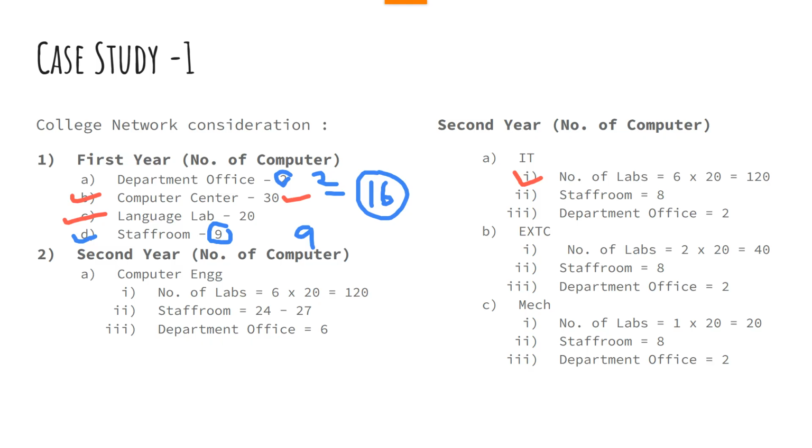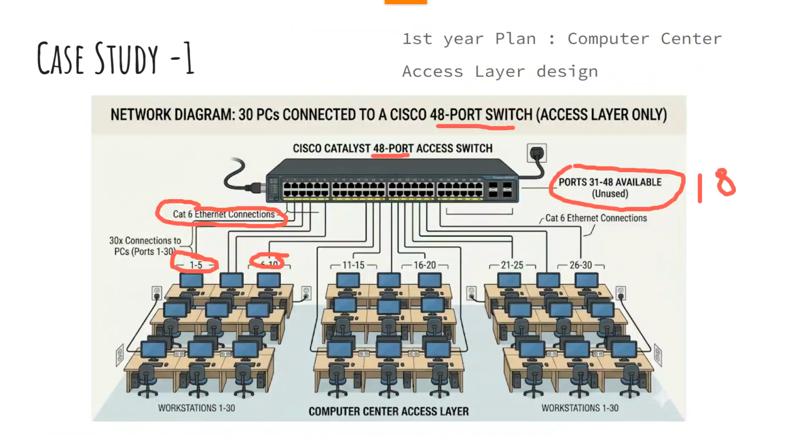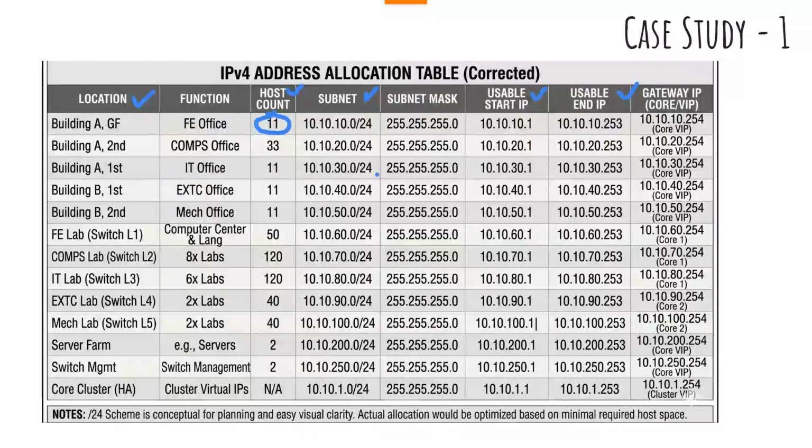It's not very high. So this investment is justified because I am giving the benefit of redundancy to more people. So that's the whole idea. This is how 9 plus 2 equals 11, and this is my 11 machines.